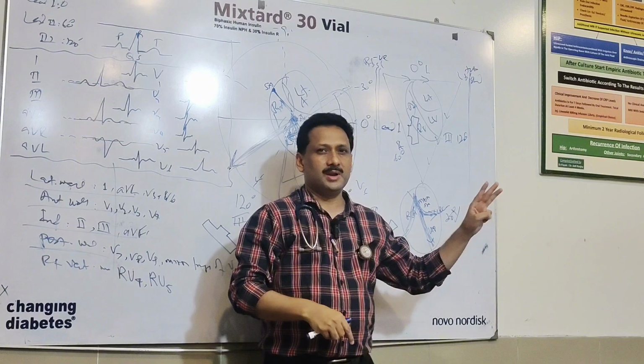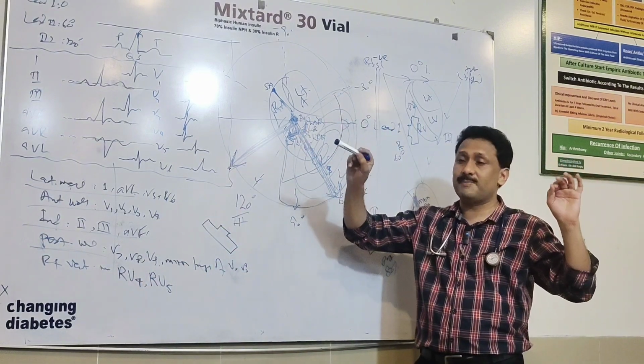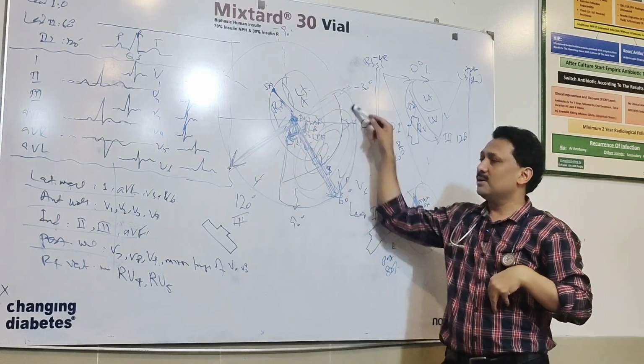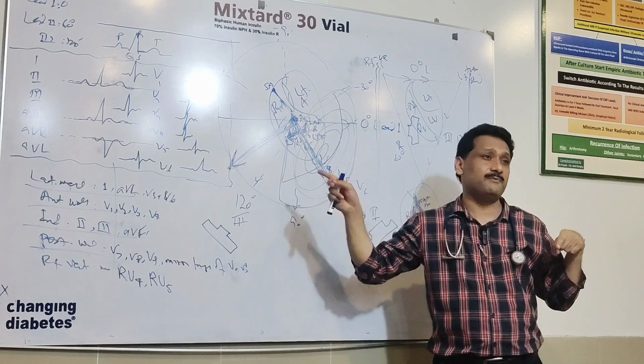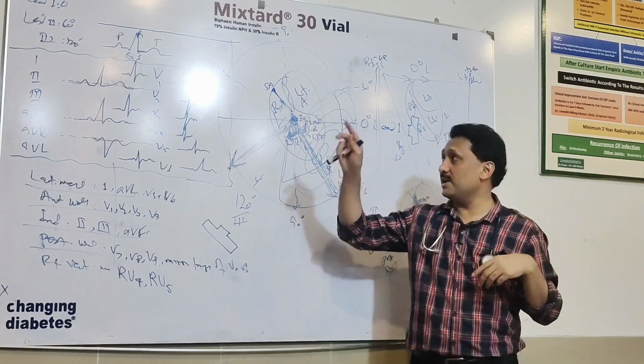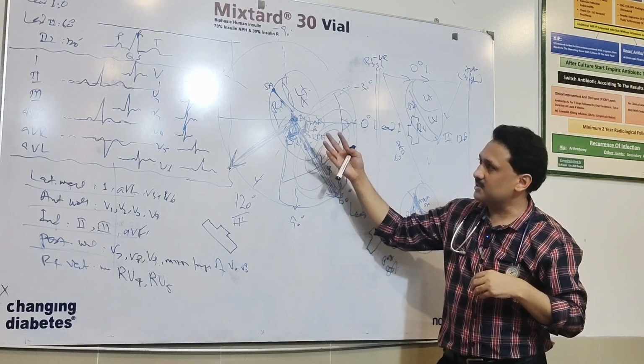Number three is you need to understand, and you should develop a good understanding how to draw this circle. Where are these different angle degrees, and see how helpful these are. I have told you clearly how helpful these cameras, these leads are.